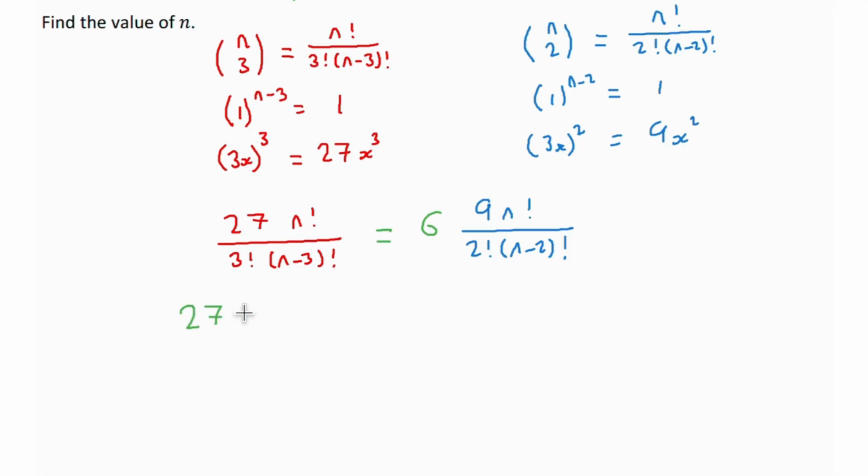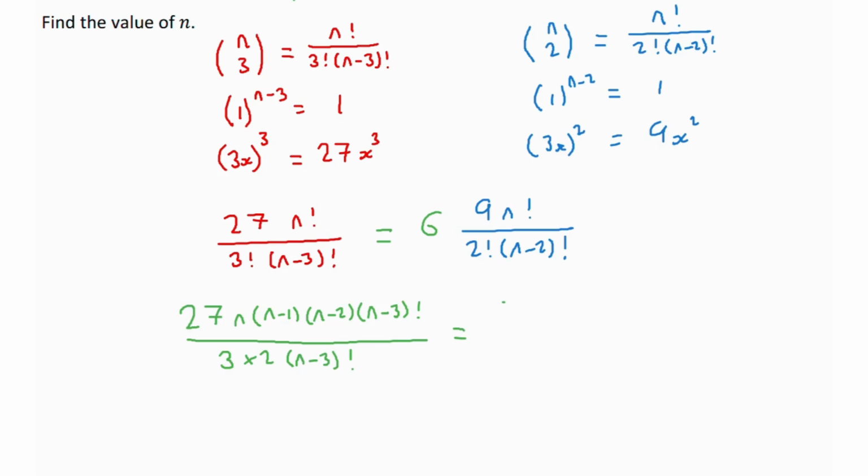So this is 27n times (n minus 1) times (n minus 2) times (n minus 3) factorial over 3 times 2 times (n minus 3) factorial.